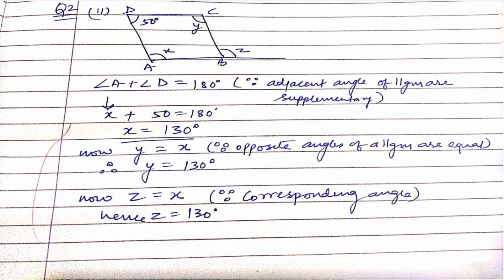There are two ways to find the value of Z. First way: you can see these lines are parallel. This AD and this BC are parallel, and this is the transversal. So we can say angle X and angle Z are corresponding angles. That means they are equal. This is the first way to find the value of Z. Second way, very easy.